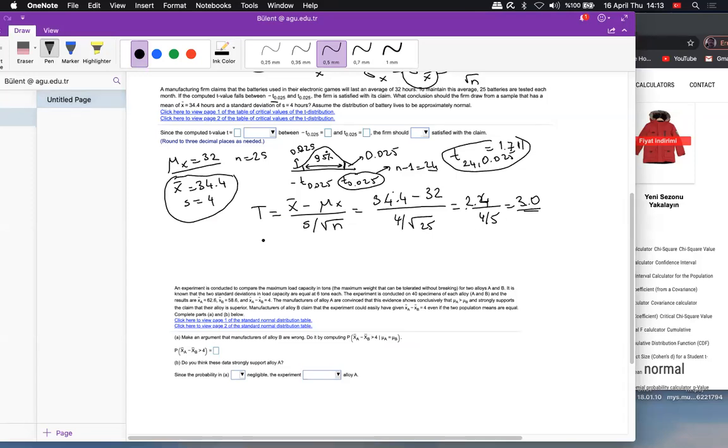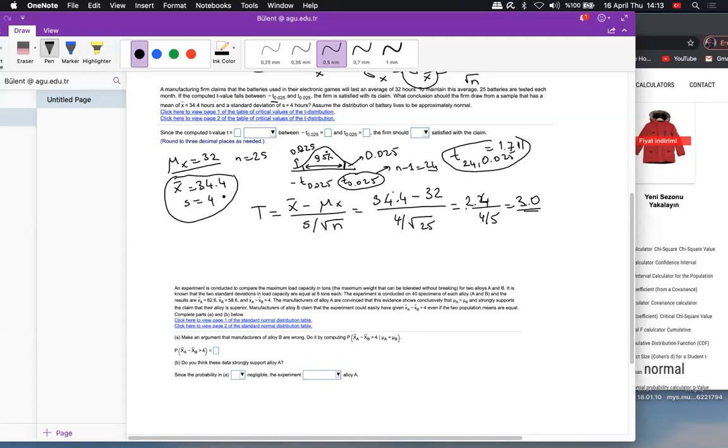So I found T as 3. Did you find it as 3 too for your questions? I don't know. It may change from question to question. So I found T as 3. And here, the values are 1.711 and 1.711. So what does it say? What does it tell me?